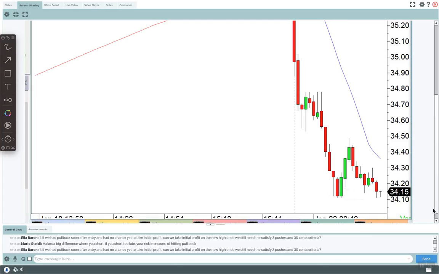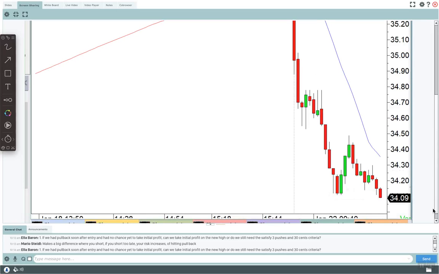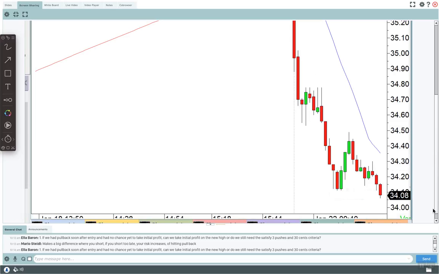If we had a pullback soon after entry and had no chance yet to take initial profit, can we take initial profit on the new high? Once you get a pullback, Ella, the profit taking rule switches to new high.